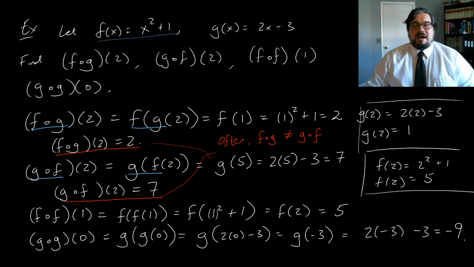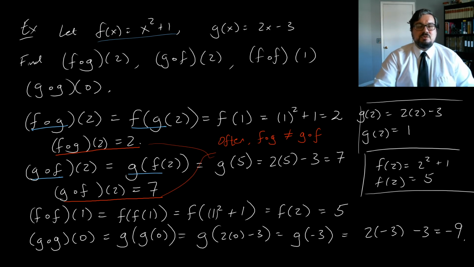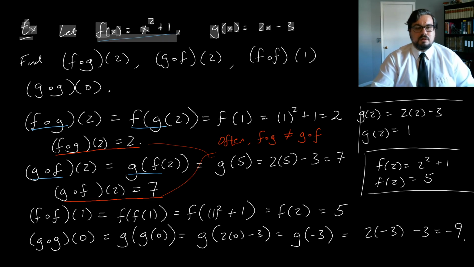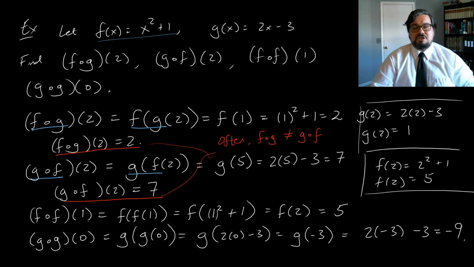So now let's talk about how we can write down a formula for the composition of functions. Let's use these same functions again. But now let's write down their compositions as functions using formulas involving x.